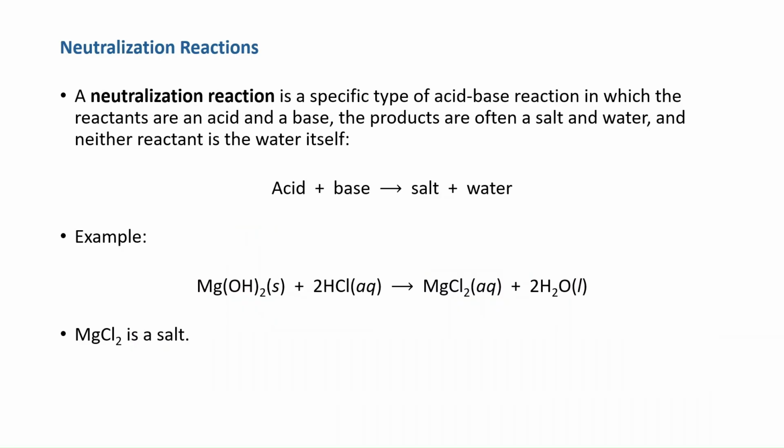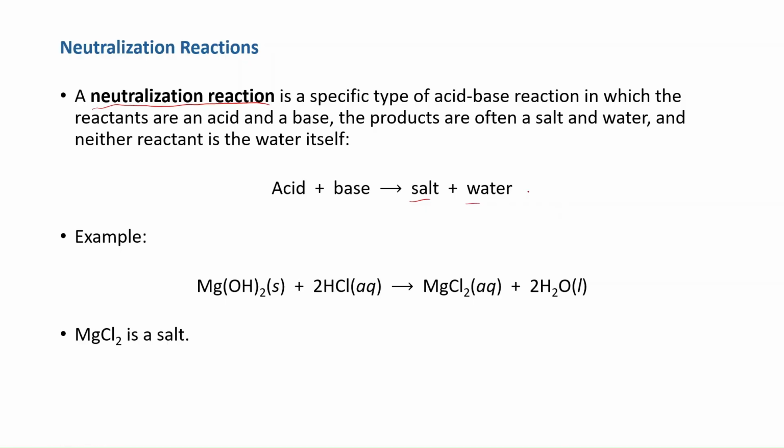Finally, the reaction between an acid and a base to form a salt and water is called neutralization. Please keep in mind that that doesn't mean that this solution is going to be neutral. We're going to be talking about acidity and pH and all of that, but we are not going to cover that again until the second semester.